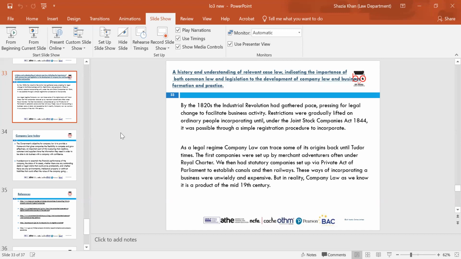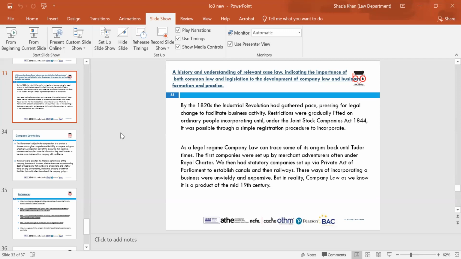The first companies were set up by merchant adventurers, often under royal charters. We then had statutory companies set up by private act of Parliament to establish canals and then railways. These were ways of incorporating business, were unwieldy and expensive, but in reality, company law, as we know it, is a product of the mid-19th century.